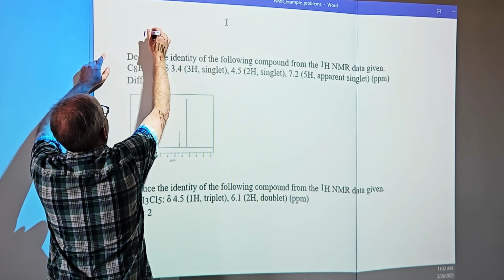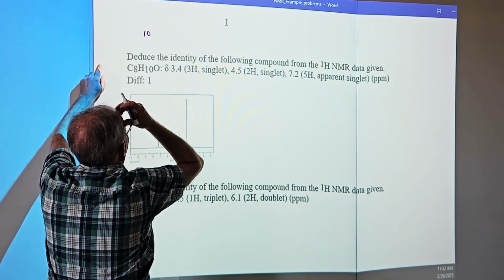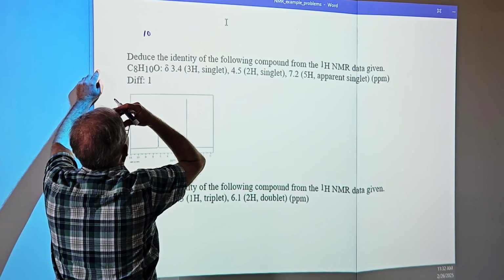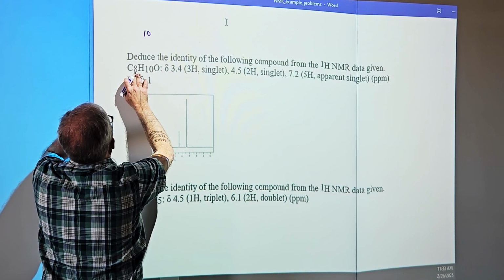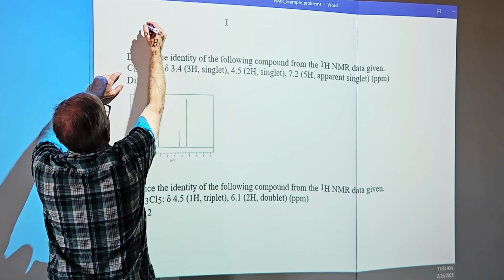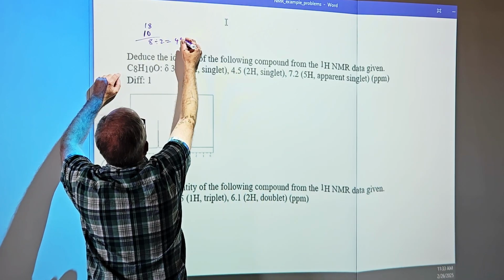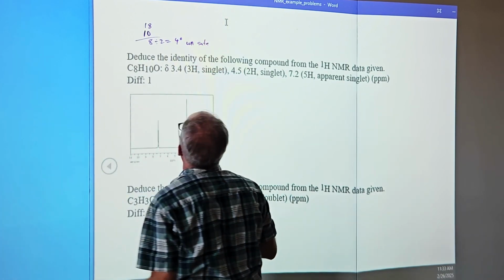I got 10. Oxygen isn't supposed to change anything. Oh man. All right. 2 times 8 is 16 plus 2 more is 18. 8 divided by 2, 4 degrees of unsaturation.